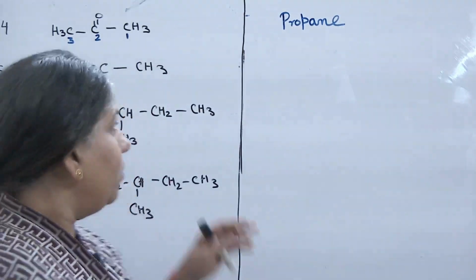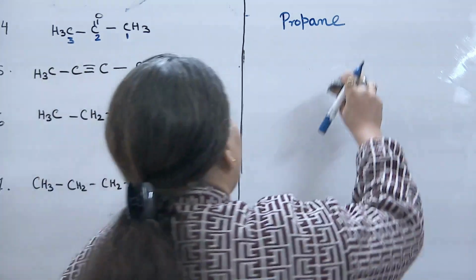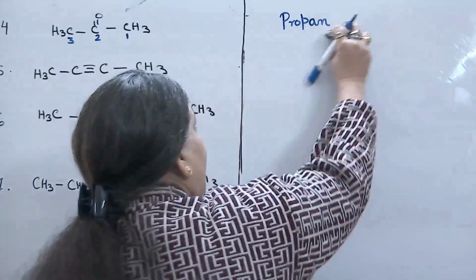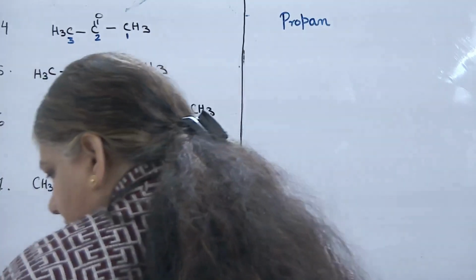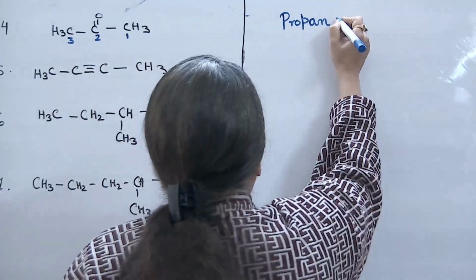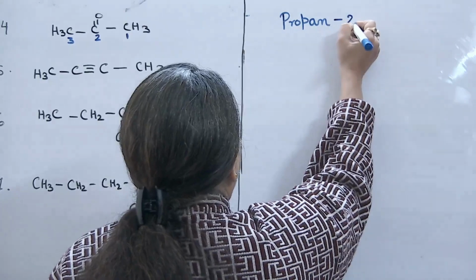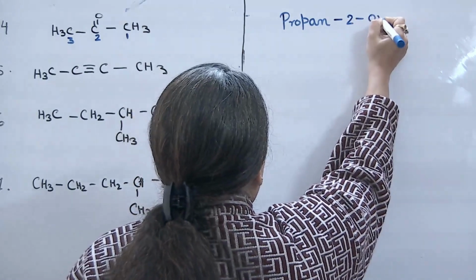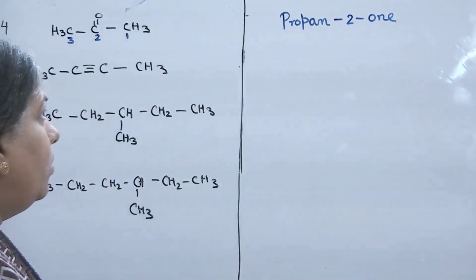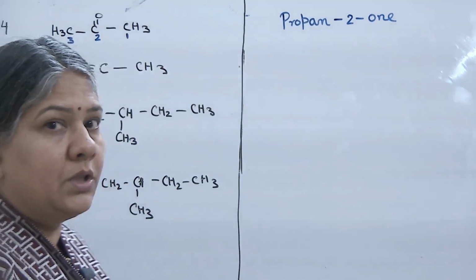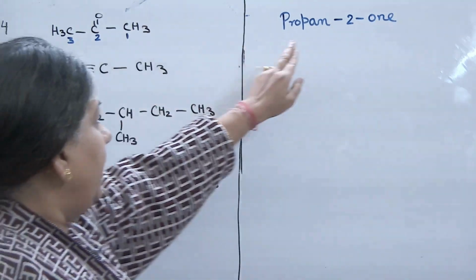Now, if you have to mention this functional group, we remove this E from the ane part and then mention the position of the functional group: propanone. So this is also one of the rules that E is replaced.